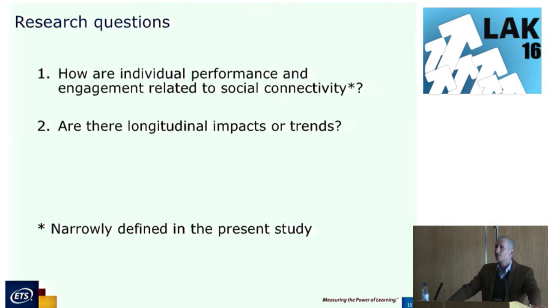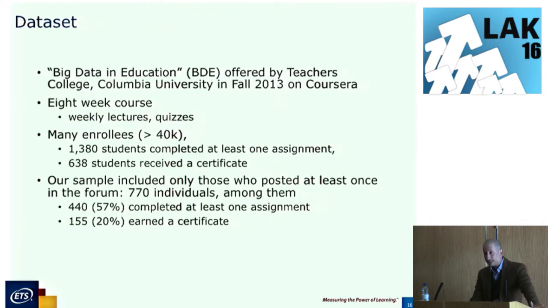If somebody responds to me, they will be connected to me. As I will say more, it's a very coarse view of social connectedness, but it's a placeholder. The second question is whether there is some longitudinal significance to this. The data set comes from a MOOC, Big Data in Education, which has been offered a couple of times, but from the first instance, it's Ryan Baker's course.